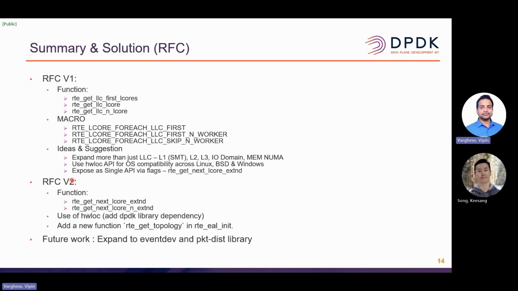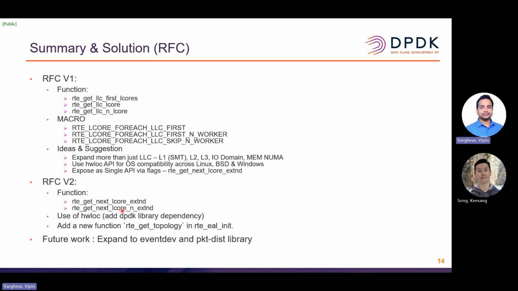Now, the V2 patch, which we would be sharing by the end of Friday or coming Monday, has rte_get_next_lcore_extended and rte_get_next_n_extended, where N can be at the starting or from the end. That is the plan. Using these two APIs and using the unsigned 32 flag area, we can selectively choose whether it is L1 SMT thread, L3, or IO domain.